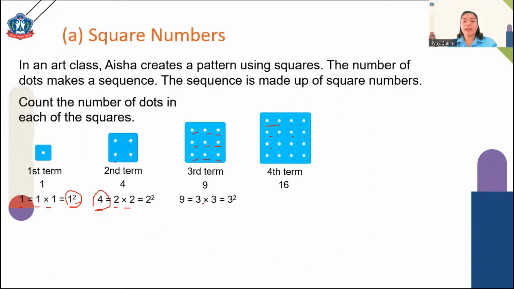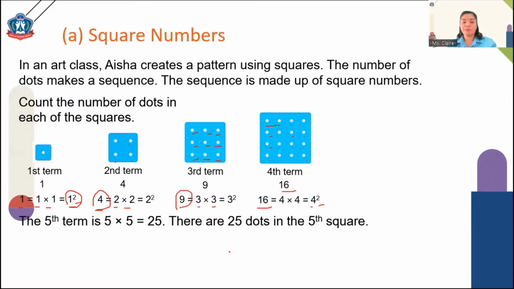To get 9, we multiply 3 by itself: 3 times 3, or 3 squared. We multiply 3 two times, so that is 9. So 9 is a square number. To get 16, we multiply 4 by 4, and that is 16, or 4 squared. So these 4 numbers, children, are what we call square numbers.